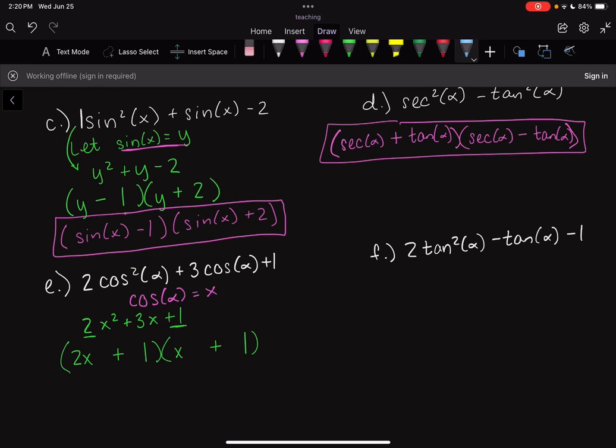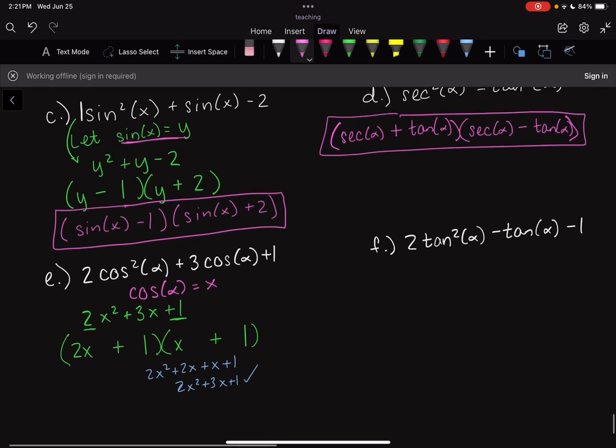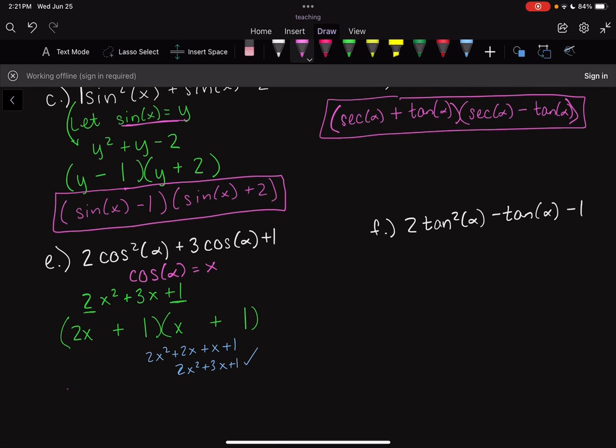And we can always check this by FOILing it back out. So I would get 2x squared plus 2x plus x plus 1. And that simplifies to my original problem, so we're good. Just be careful, we do need to put cosine back in.